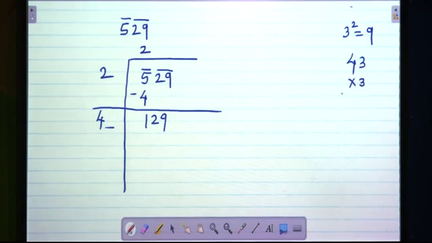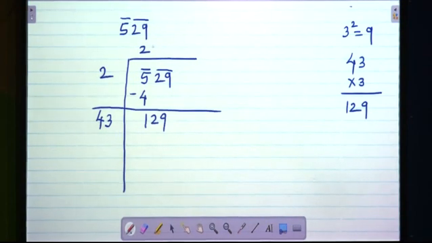43 multiplied by 3. 3 3s are 9, 4 3s are 12. So, what we are able to understand is that in this space we are putting the digit 3. 43 3s, here you can see in the rough column, 43 3s is 129.